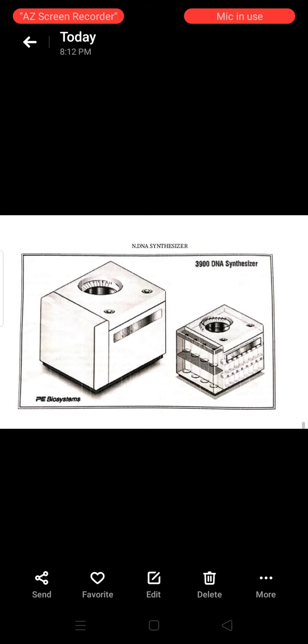In this method, normal DNA synthesis is interrupted periodically by the introduction of a compound called dideoxynucleotide triphosphate, which is substituted as the DNA chain is elongated by the addition of the normal nucleotides.